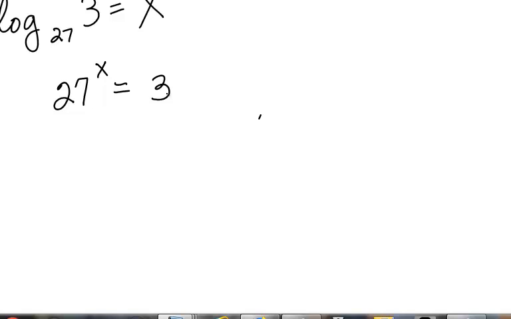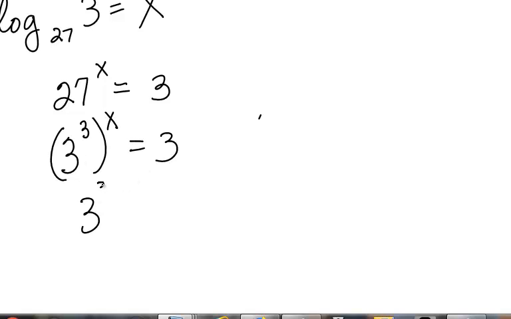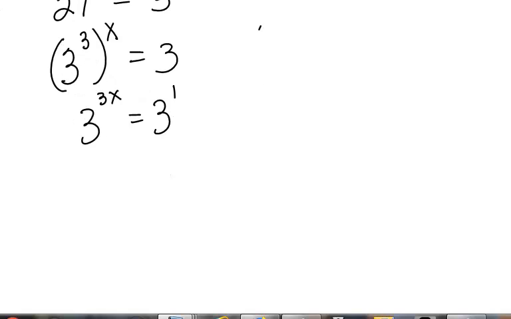You always want to go to the smaller base. 27, I can get that in base 3. 27 is 3 to the 3rd, and raise that to the x. When you raise a power to a power, you multiply them, and this would be like 3 to the 1st. Bases are the same, set the exponents equal. Divide by 3, should get x equals 1/3.